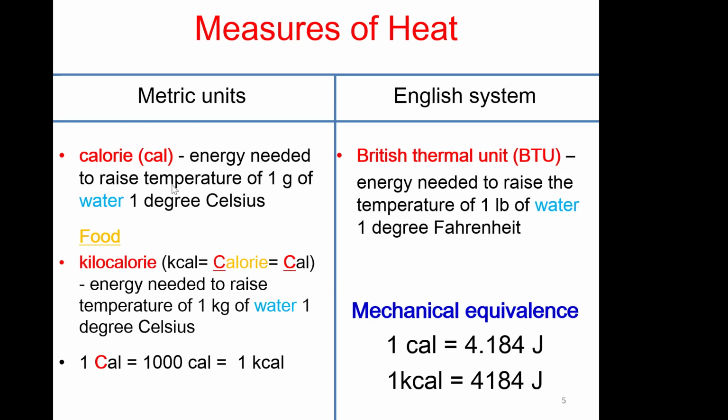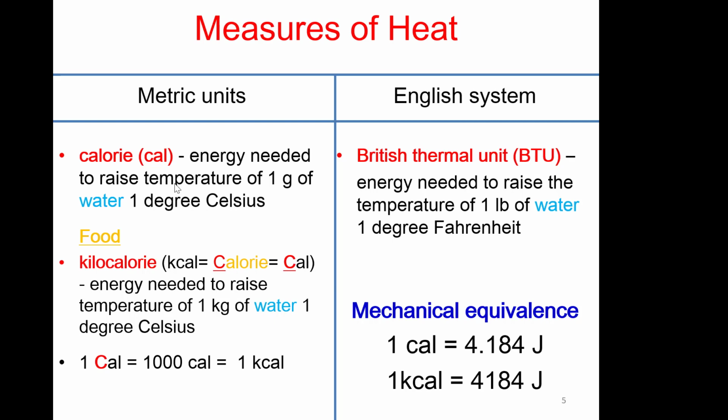Because if it's a small c, then it's related to the first unit, but if it's a big C, that calorie is equal to 1,000 small calories. So 1 calorie with big C equals 1 kilocalorie. A big-C calorie is the energy needed to raise the temperature of 1 kilogram of water by 1 degree Celsius. Then we can see it's really different.